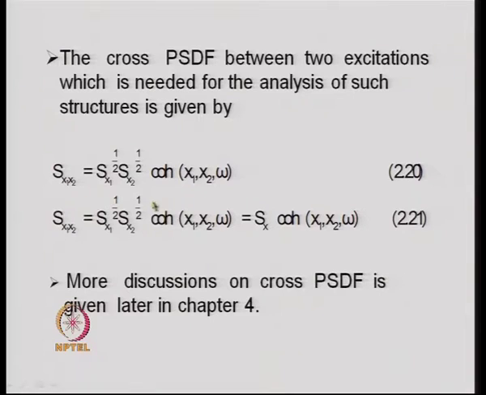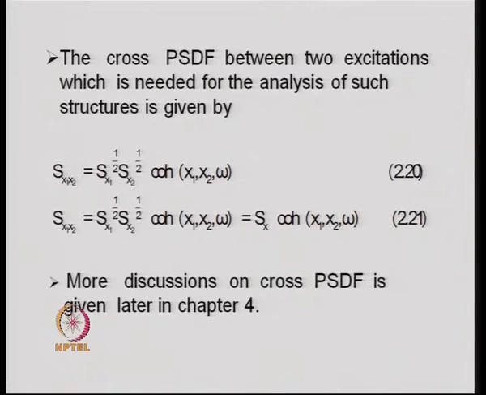Therefore, this product turns out to be the same as Sx, the unique value of the power spectral density function of the ground motion, and it gets multiplied by this coherence function.